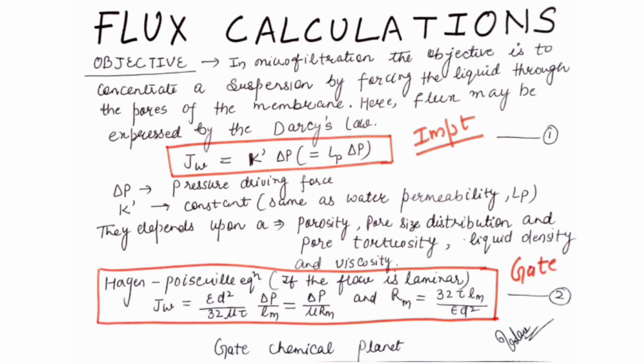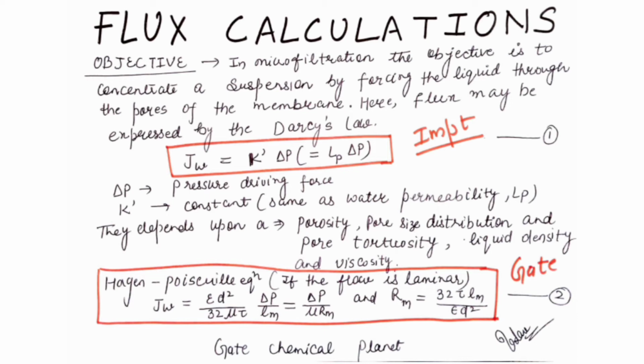So it is clear to all the students, I think, what the objective of microfiltration is. And how will we calculate flux? The flux for this case may be expressed by the Darcy law.